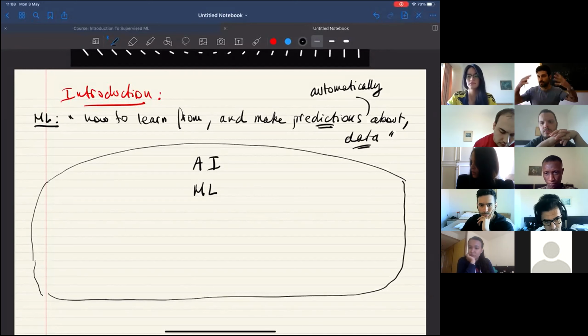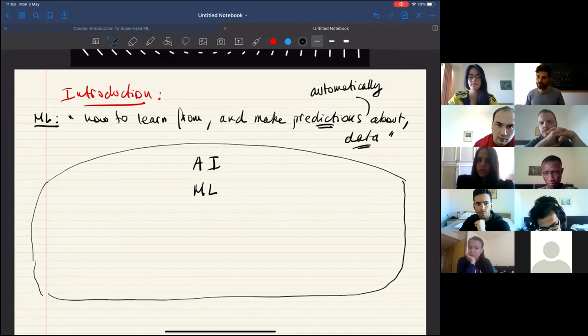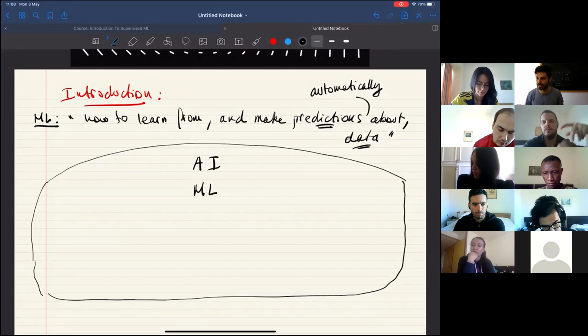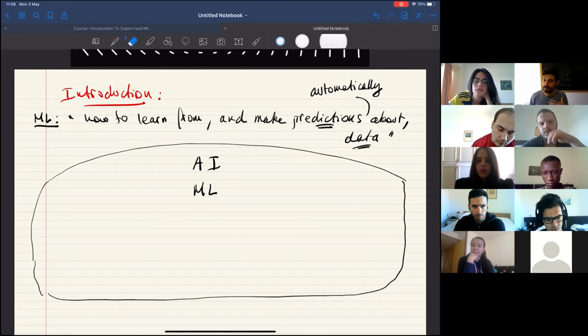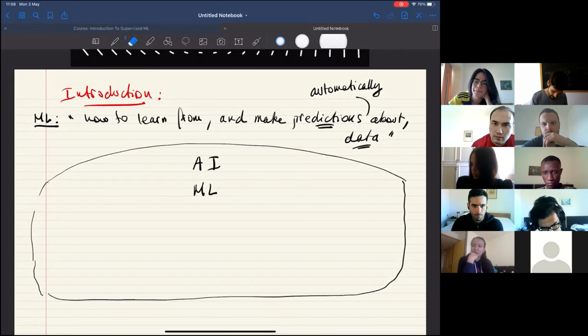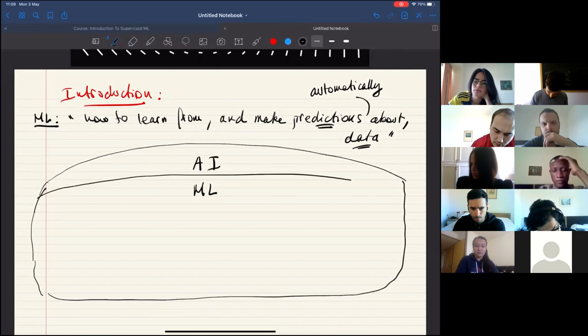If you have a rich enough structure of if then else, you get a system that starts to make rather complex decisions. But this is not what we want to study. We want to study things that make decisions automatically. You don't want to code the if then else's yourself. You want to use data in some way, and the procedure must find these if then else's in an automatic way.